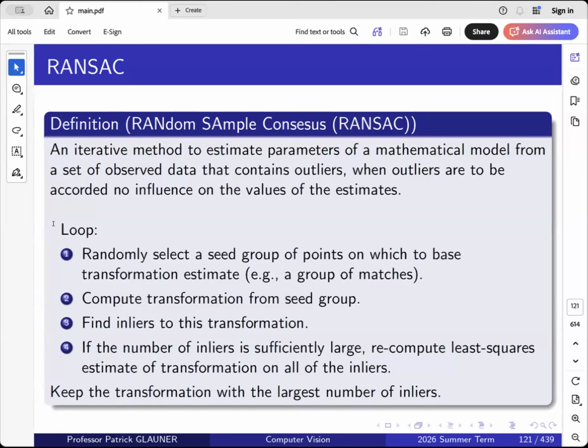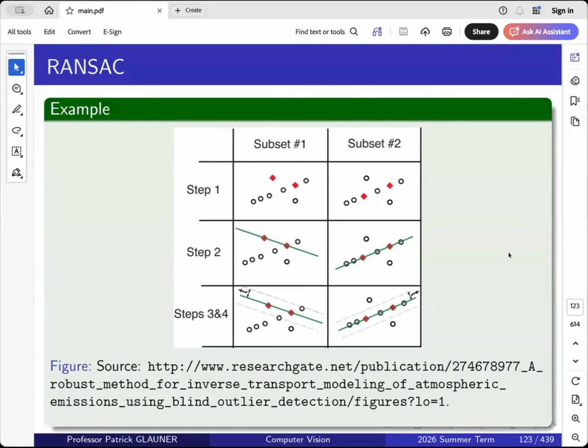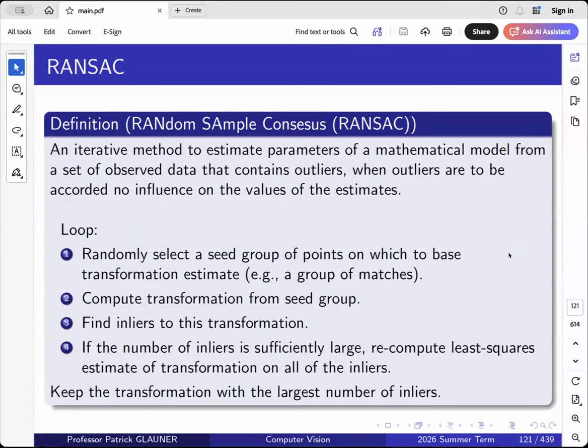RANSAC is an iterative algorithm, and RANSAC stands for Random Sample Consensus. What it does is we randomly select a so-called seed group of points on which we want to base the transformation estimate. Concretely, we will see this for a straight line, but this can be generalized and applied to lots of other parameter estimation as well, even far outside of vision.